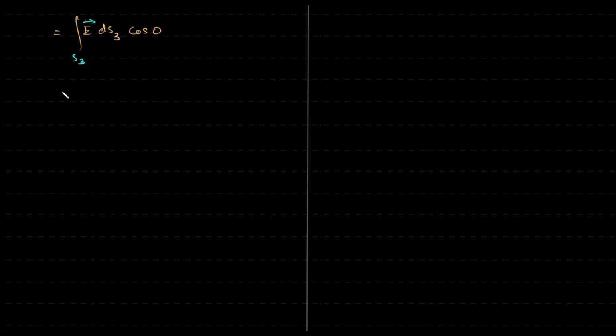The electric field is constant throughout the surface, so that will come out. We just have to integrate the surface. What is the entire surface? It is nothing but 2 pi RL, the curved surface area (CSA) of a cylinder.